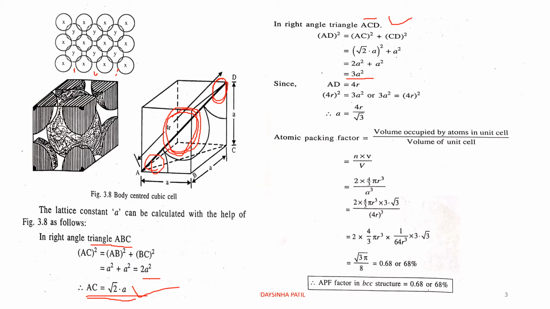So the body diagonal AD has a length equal to 4R.